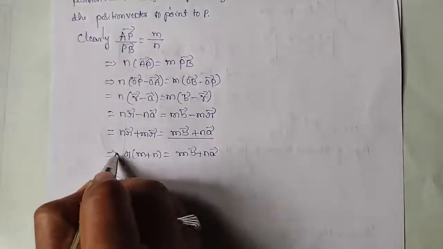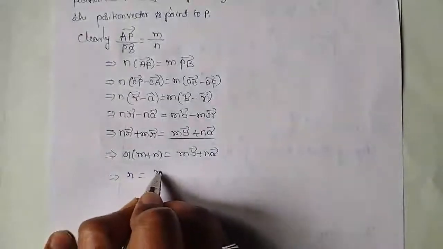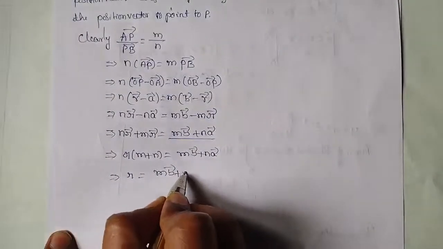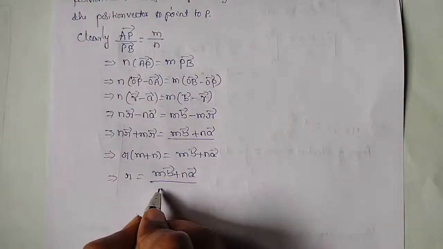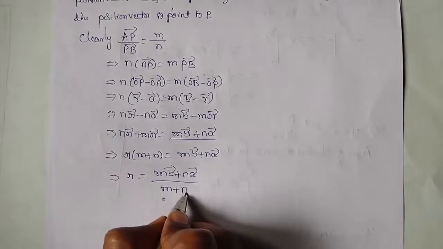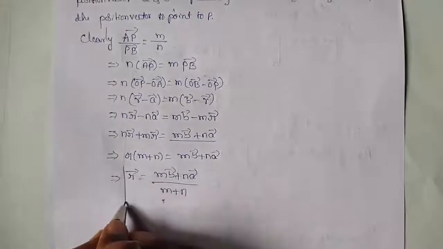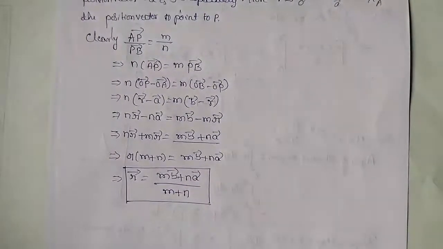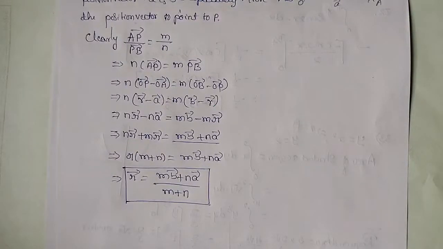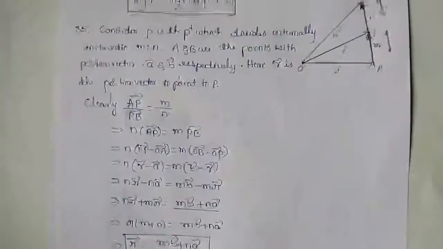Again, r is equal to (m b vector plus n a vector) divided by m plus n. So this is the required proof of this problem. Understood? This is very very important for your annual examination. Clear? Try to understand and work out this problem carefully.